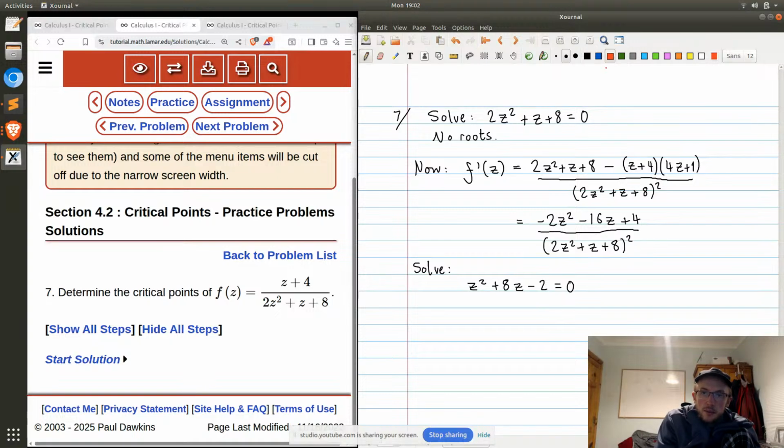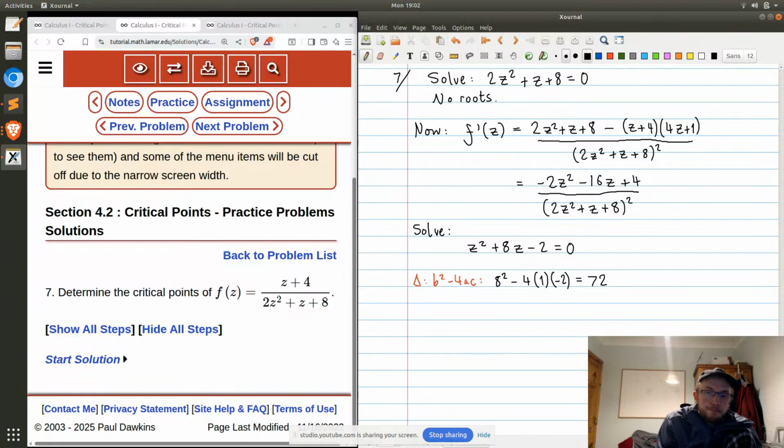Well, apply b squared minus 4ac. And when you do that, you'll get 8 squared minus 4 times 1 times minus 2. And that's equal to 72. So it does have roots.